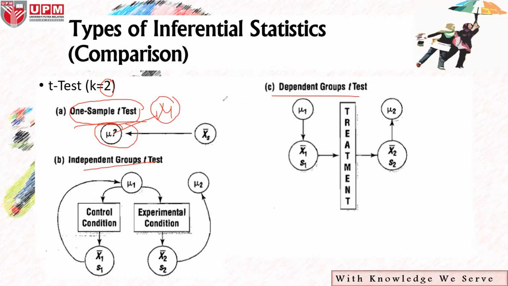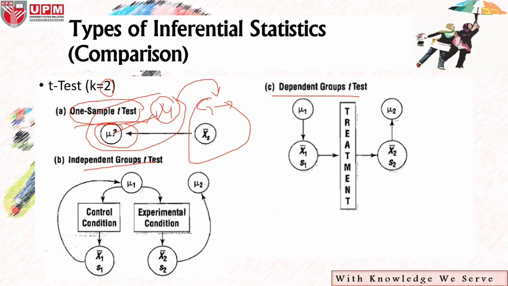Contohnya, global climate has been studied internationally, and they already posted a standard value. Dia ada value standard dia kat sini. Then we conduct a study on our own, and we got the value, therefore we compare with the standard value. Ini one sample t-test. Sebab apa? Because we only conduct one study that involves one sample, but the result we compare against the standard value, the value that already exists. Okay, clear? Any question for one sample t-test?